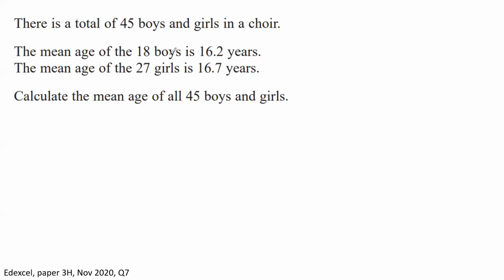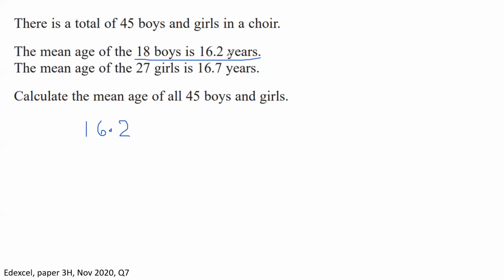Normally when we work out the mean, we would take each of the individual ages and then divide by the total number of children. In this case, we're going to struggle to do that. But what we do know is that this is the mean for the boys. So we can start by figuring out the total age of all of the boys.